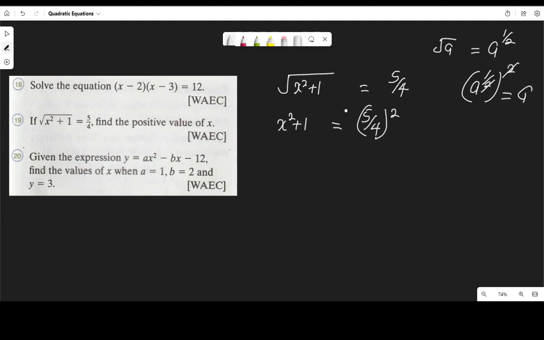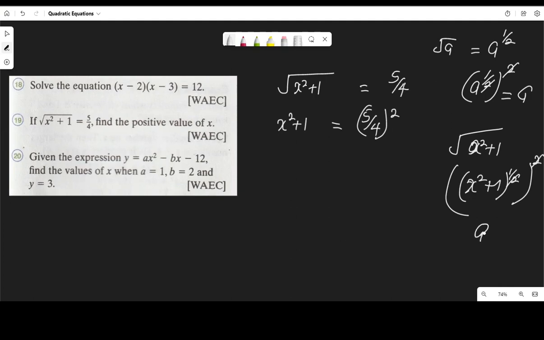So the point I'm making is, I have square root of s squared plus 1, which I can write as s squared plus 1 to the power of half. Then taking the square of this, that will be to the power of 2. So these 2 will cancel this.